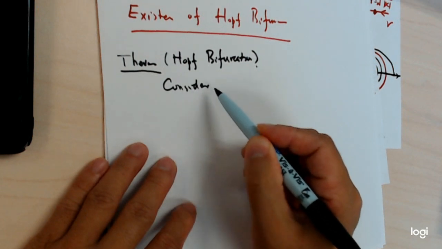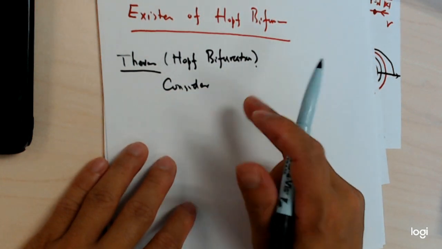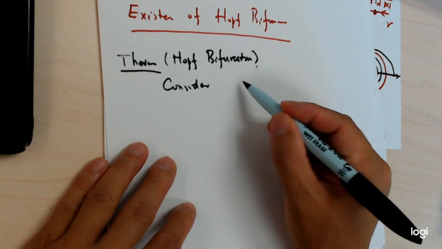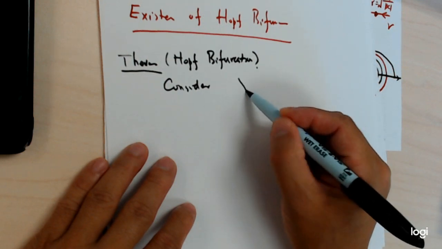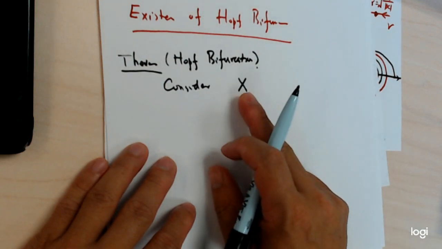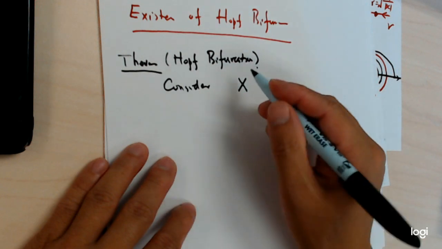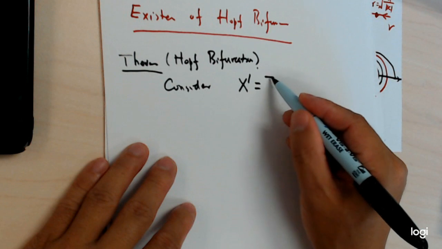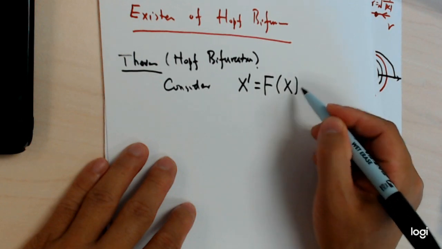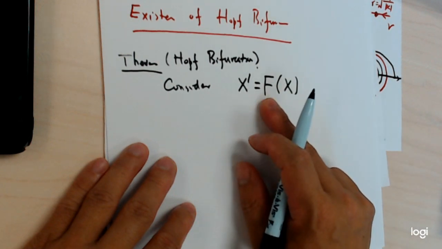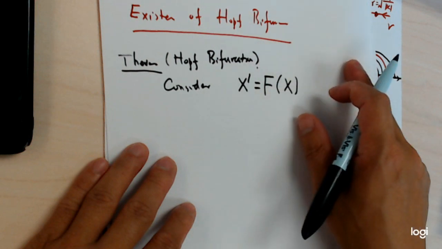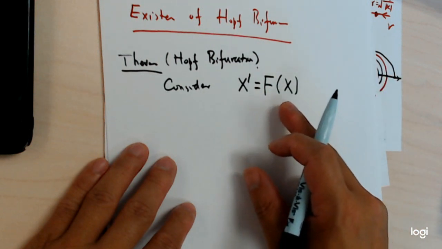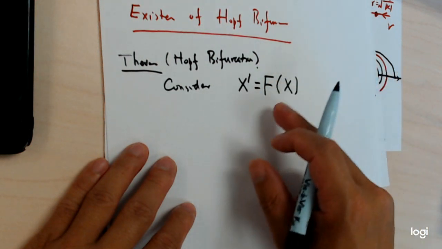So consider any system, and instead of using x and y, I use a vector form, capital X. So this capital X is going to be x and y. The right side will obviously be a function of X. So once again, capital F is really one function: you have the first equation and the second equation.